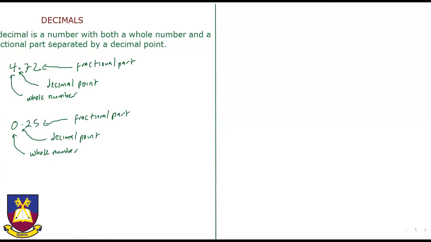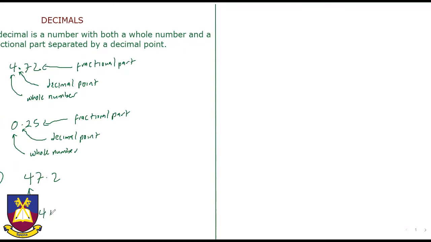So for example, if I have a decimal like 47.2, remember from your knowledge of place values, this is in the place of tens.